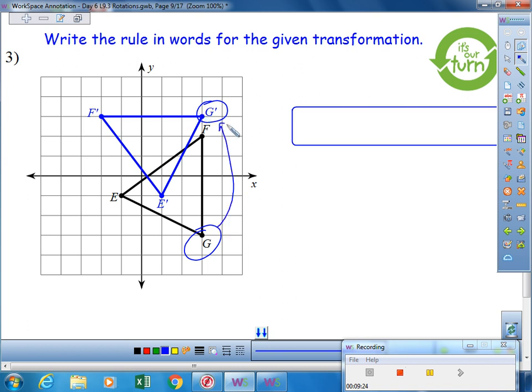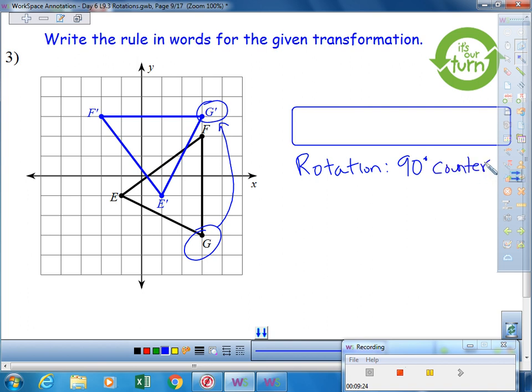So we are going 1. There's a note sheet over there. So this is rotation 90 degrees counterclockwise. I'm surprised you don't want to do clockwise. Less writing. Counterclockwise about the origin.